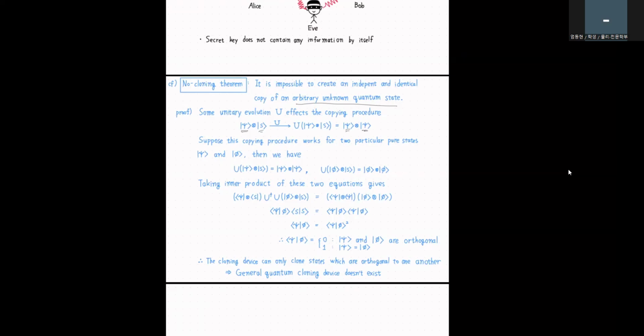Now let's suppose this procedure works for two different pure states, psi and phi. Then we have these two different states at the end of the procedure. And if we take the inner product of these two states, we get this result.